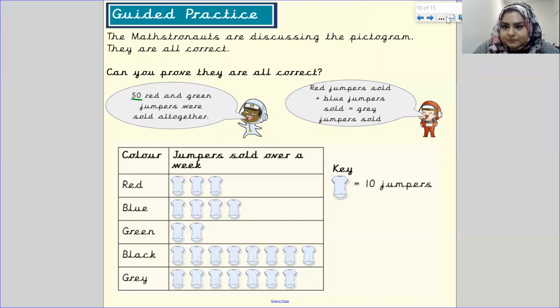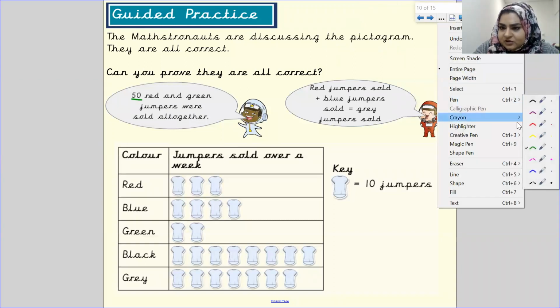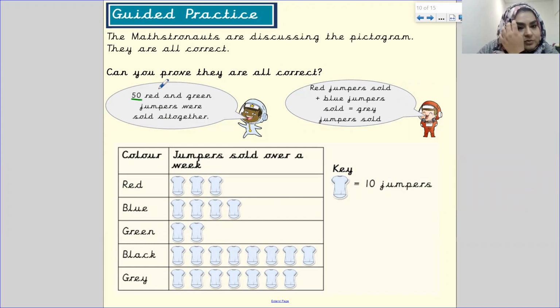Okay, so let's work out what the blue mathstronaut is saying. So blue mathstronaut is saying 50 red jumpers and green jumpers were sold altogether. So we know one picture represents 10 jumpers. So the easiest way to do it is count it in tens. We're going to count the red and then the green. 10, 20, 30, 40, 50.